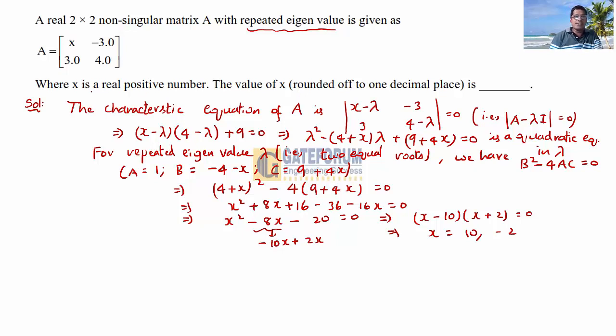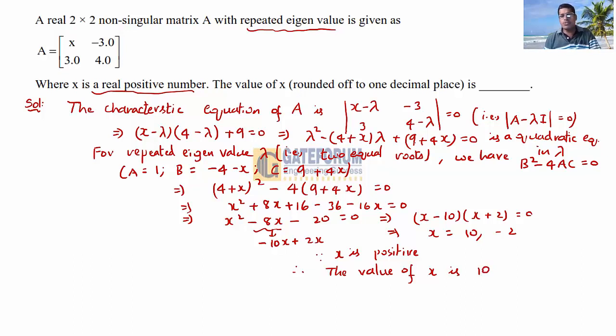Here x is a real positive number. Since x is positive, the required value of x is 10. The values are integers, so we do not need a decimal place. So the answer is 10.